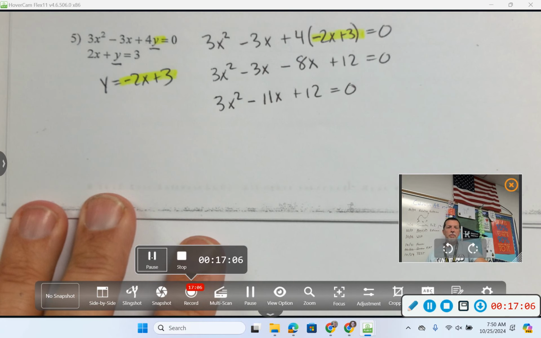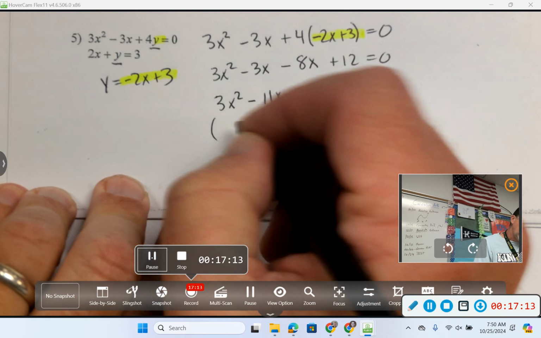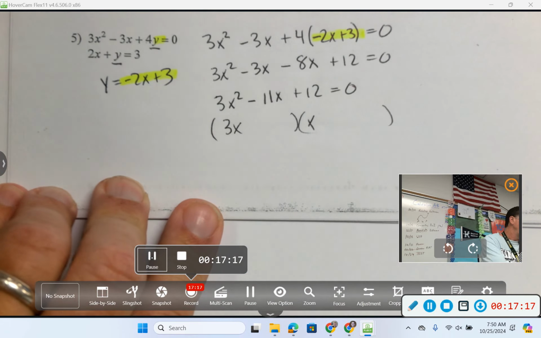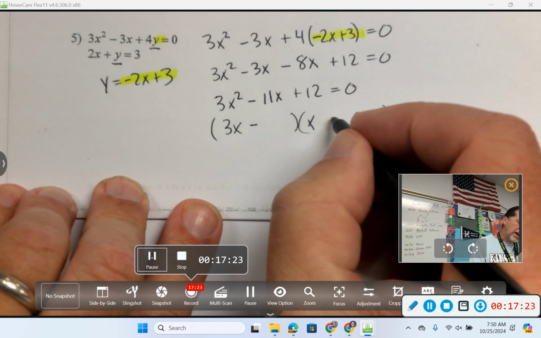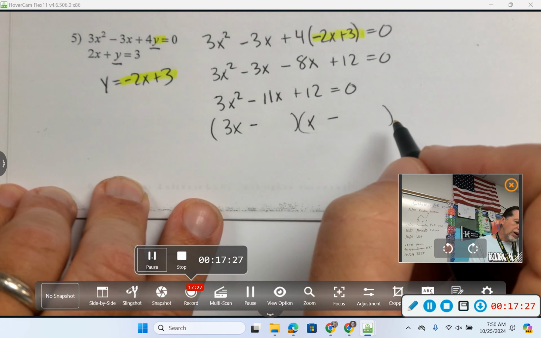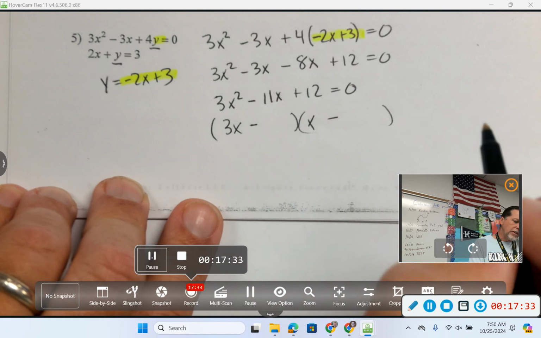Can't divide by 3, so that doesn't do me any good. I don't know if that factors or not. So it'd have to be 3 and 1. Then I'd be looking for a pencil to start guessing and checking. They would have to both be negative. 3 and 4 wouldn't work either way. 6 and 2 wouldn't work. 12 and 1 would definitely not work.